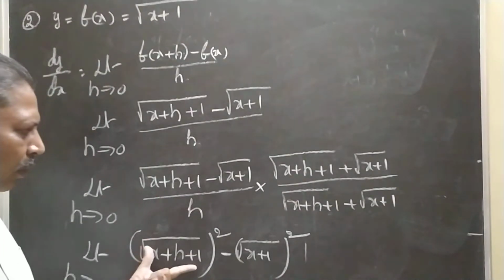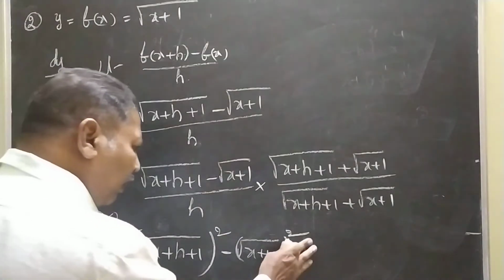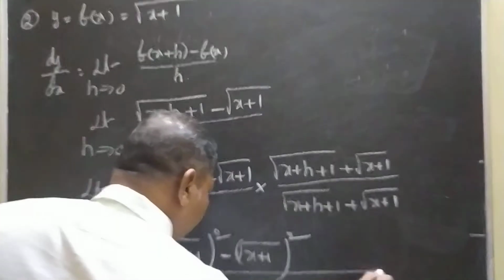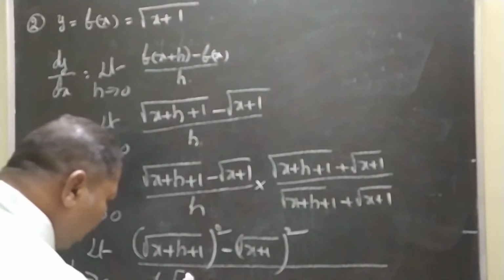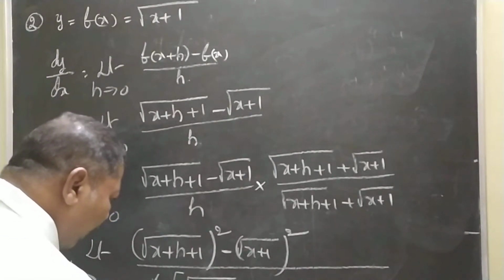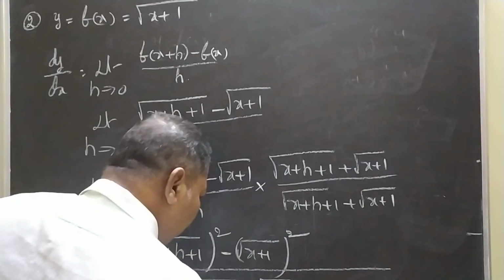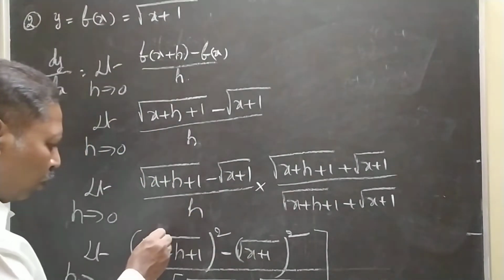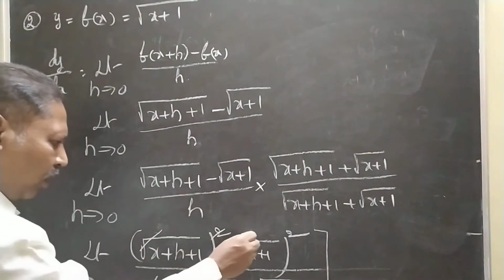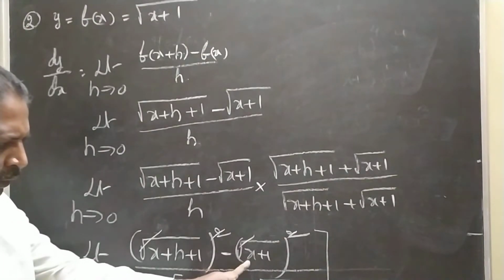Write the denominator as is: h into (under root x plus h plus 1 plus under root x plus 1). Root and square cancel. Multiply with this minus.